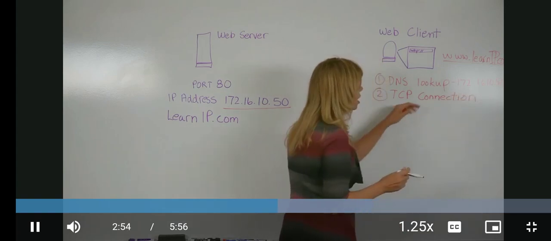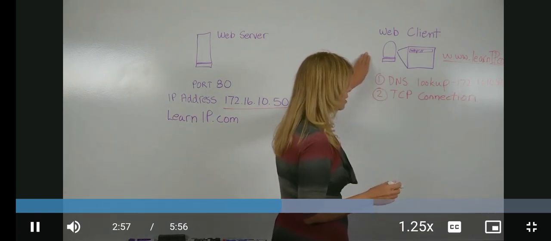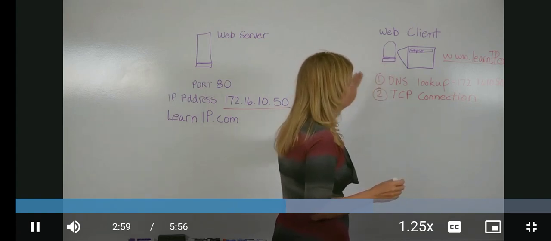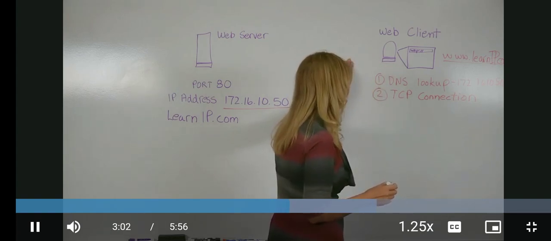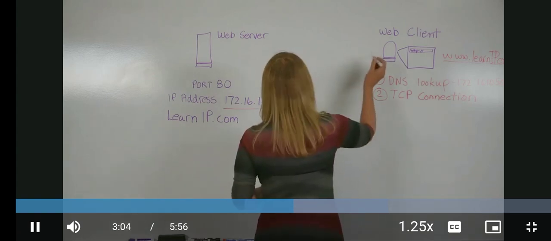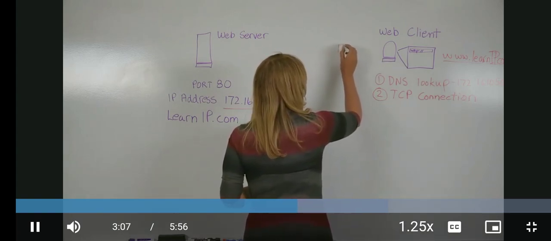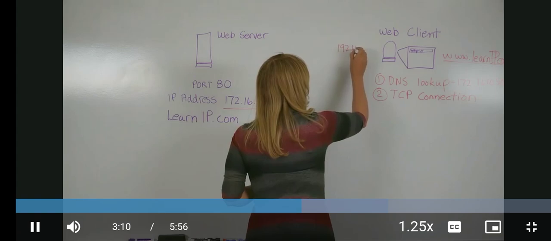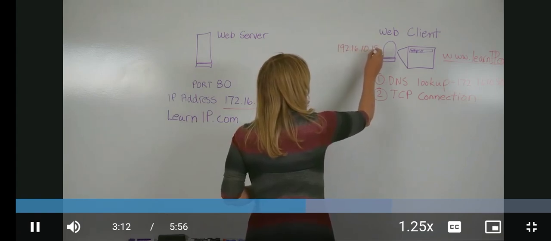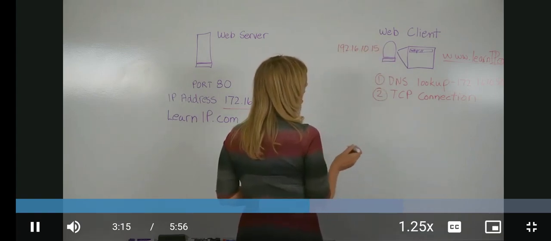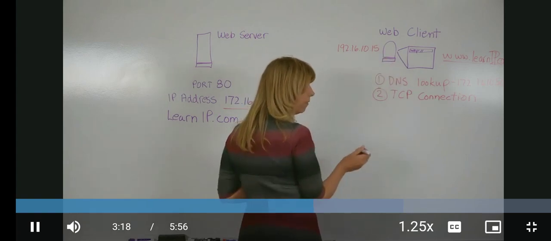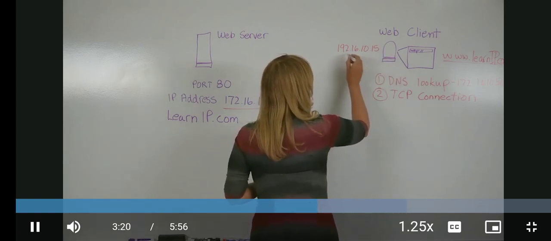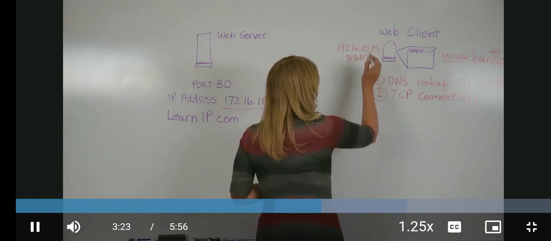The TCP connection is going to use the IP address of the web client and the TCP port number assigned to the web client. So in this case, I'm going to give our web client an IP address of 192.168.10.15, and we're going to assign a random port above 1024, so it will be 5507.